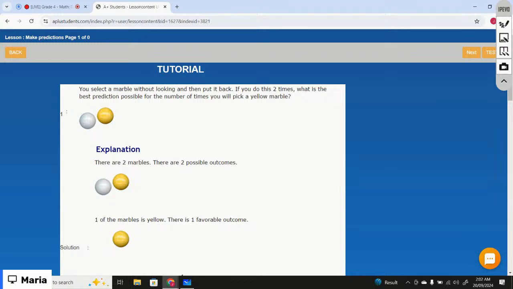Okay, so let's just start with the first example. You select a marble without looking and then put it back. If you do this 2 times, what is the best prediction possible for the number of times you will pick a yellow marble?